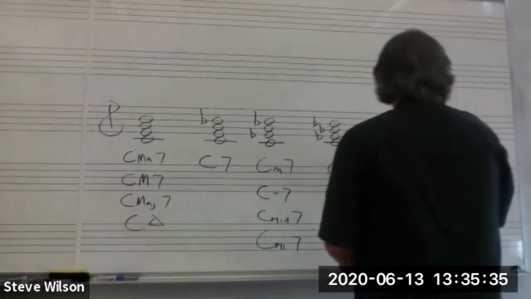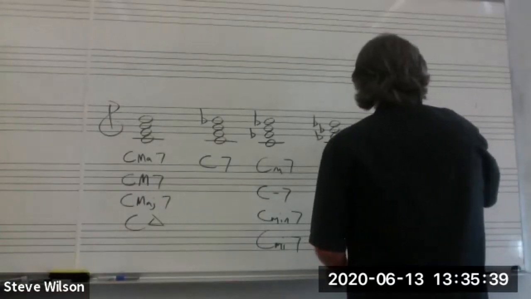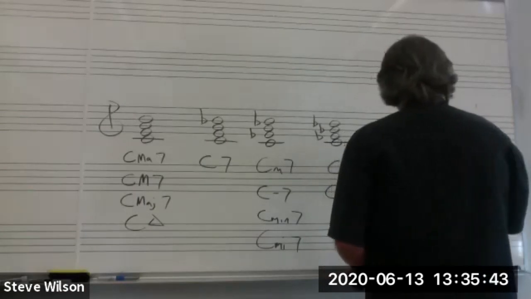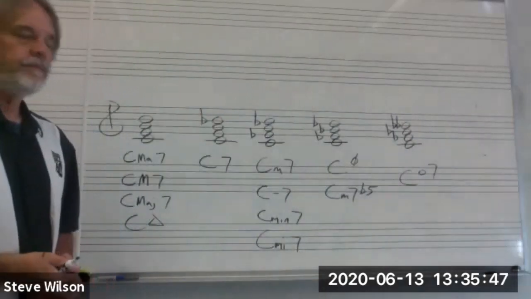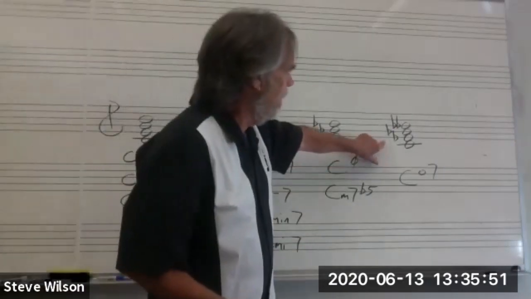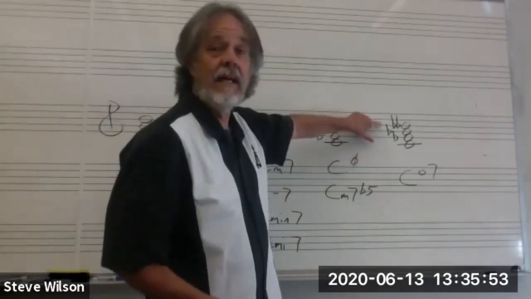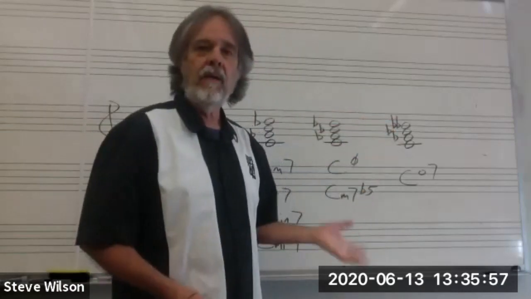And then finally, we have the diminished 7th chord. And the chord symbol for that is that. Notice I've got a root, a flatted 3rd, flatted 5th, and a doubly flatted 7th. B double flat. You may be thinking, what is a B double flat?